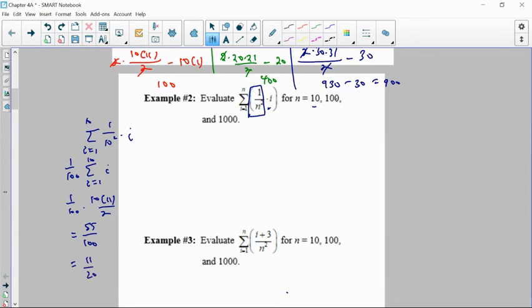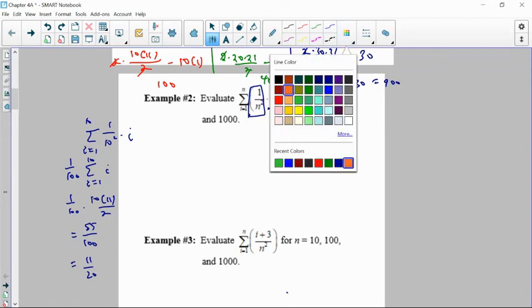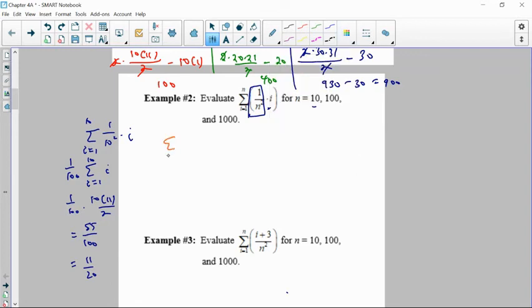Okay, so let's try 100. If we go to 100, the sum from i equals 1 to 100 of 1 over 100 squared times i. And so then we could pull that 100 squared out. So that's 10,000.